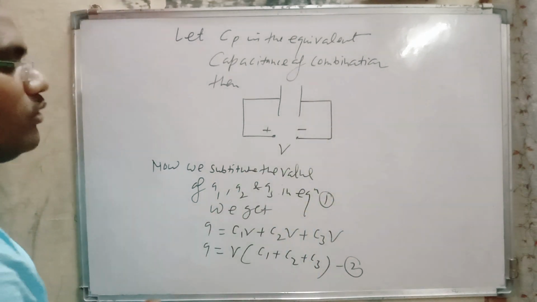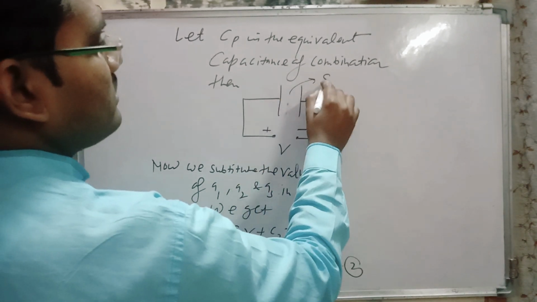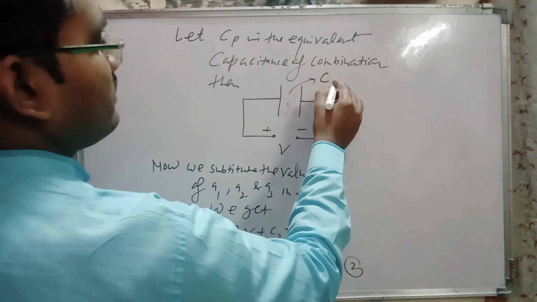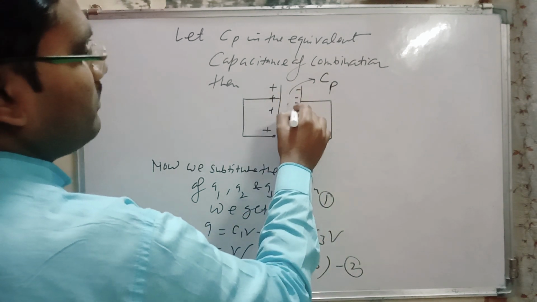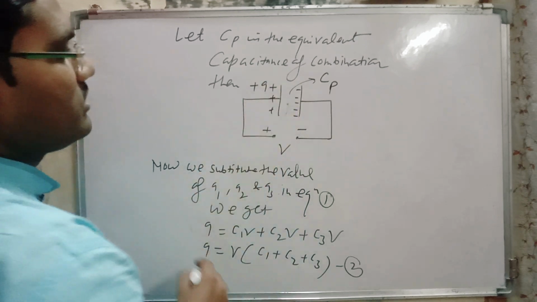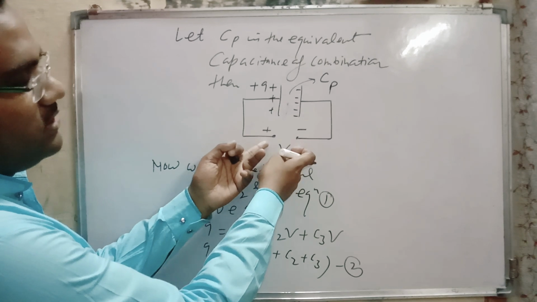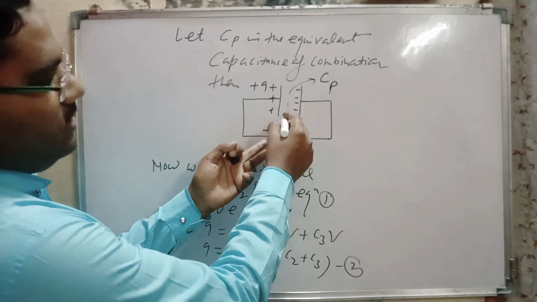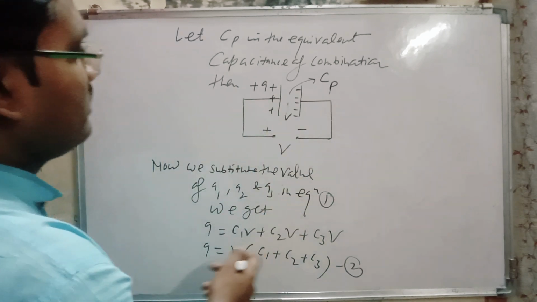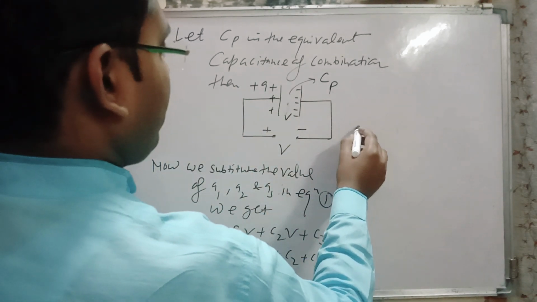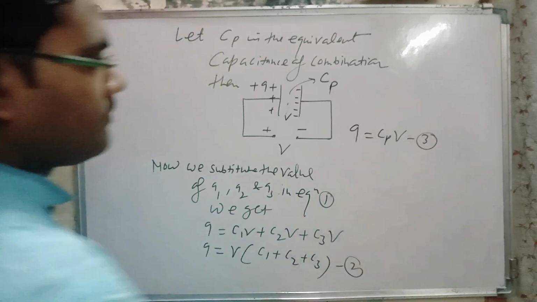This has V volt, and this has capacitance Cp, with positive potential on one plate, negative on the other, and charge Q, and the whole potential is distributed between the plates of the capacitor. Then we get Q is equal to CpV. This is equation number 3.